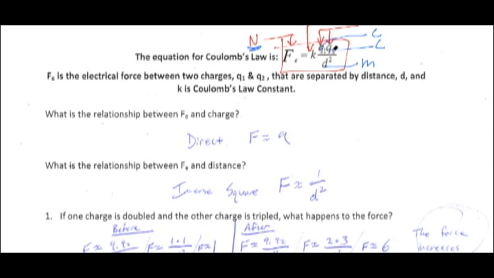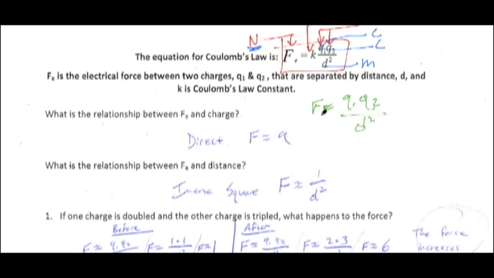If that doesn't make sense, do a couple of problems, run a sort of experiment, and allow the formula to tell you essentially what the relationship is. So for example, I could set this up and say, well, F is kind of equal to Q2 over D squared. Let's just not worry about the constant right now.